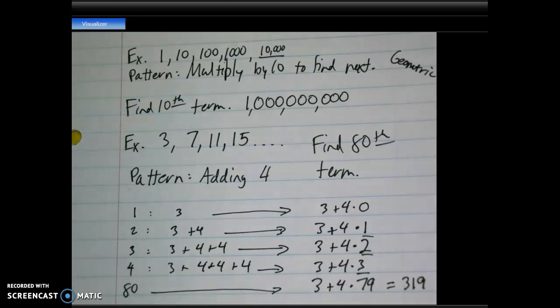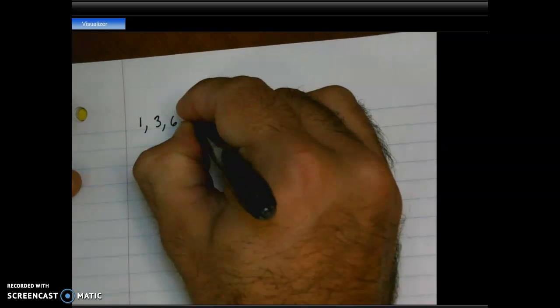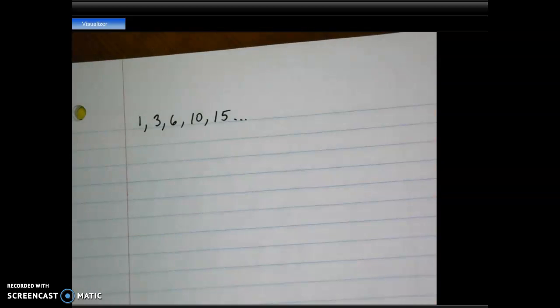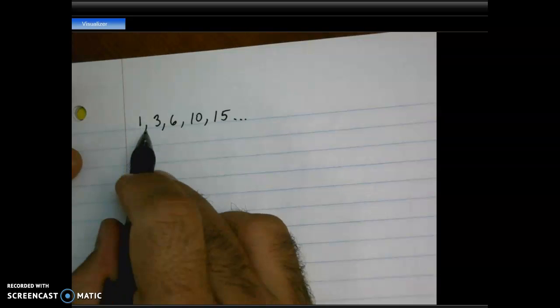Our last one that we're going to look at for the patterns is a little bit tricky. Let's say we have 1, 3, 6, 10, 15, blank, blank, blank. What's going on here? Well, I'm starting with 1. The next one is plus 2.